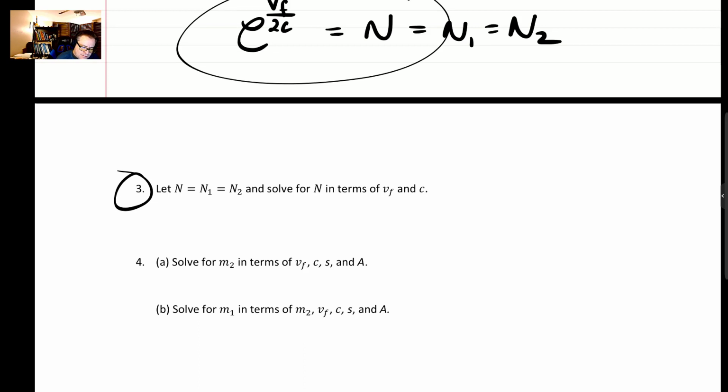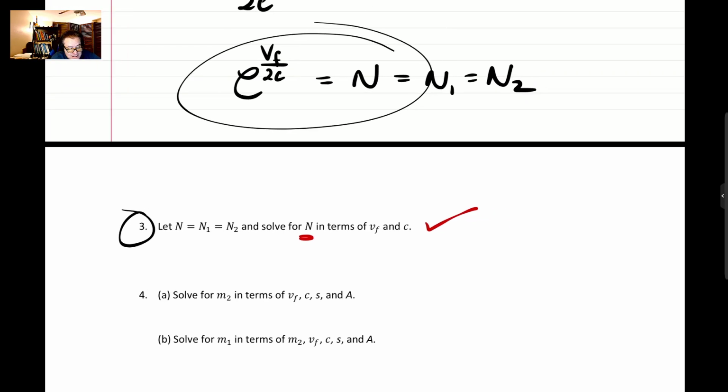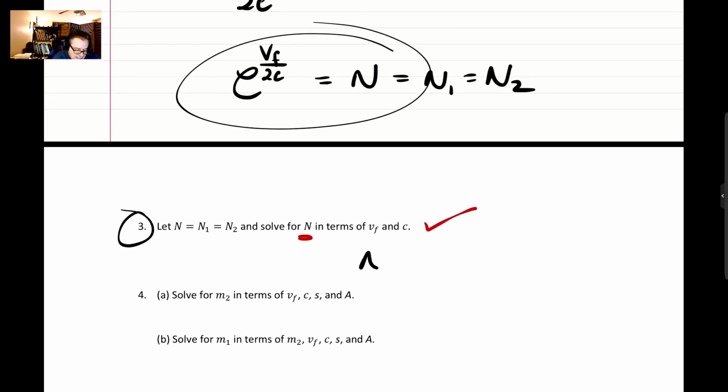We've solved for n in terms of the final velocity and the exhaust velocity. The answer is that n is e to the power of the final velocity we need for our target speed divided by 2 times the exhaust velocity, if you have a two-stage rocket with the same exhaust velocity in each stage. This also assumed the same structural factor in each stage.